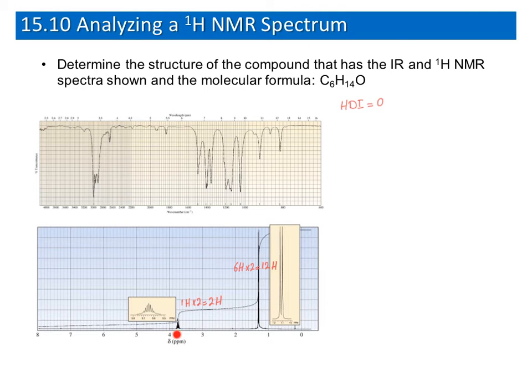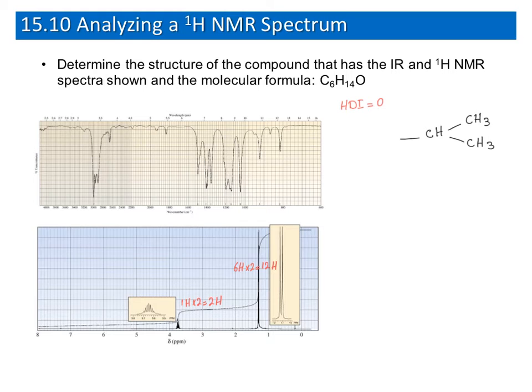So this signal right here is a septet. That means we should have 6 equivalent hydrogens on its neighboring carbon. And the only way that we can have that is by having 2 CH3 groups connected to the same carbon. So we can think about having this piece in the structure.